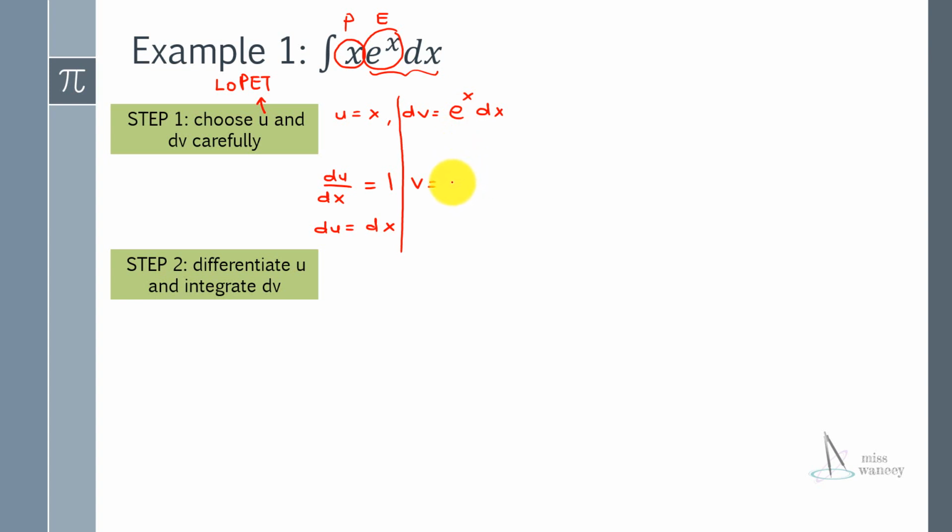Integrating the exponential, copy down the exponential and divide by the coefficient of x, which is 1, times ln of the base, ln e. So what we have as our v here is e^x. So I already have u, dv, du, and v.